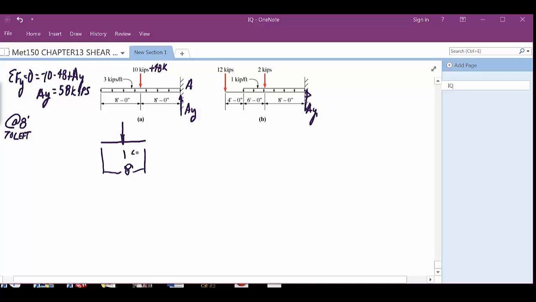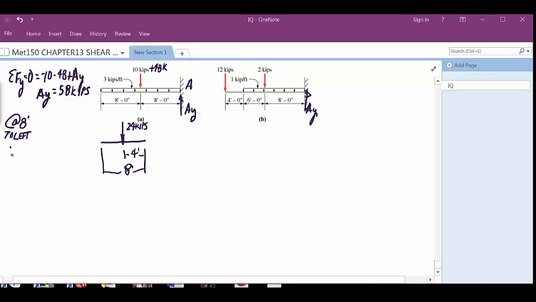This area in here is 4 feet, isn't it? And that force is 24 kips, right? It's 3 kips per foot over 8 feet. And that's why it's in the middle there. That's that concentrated load, or excuse me, evenly distributed load.